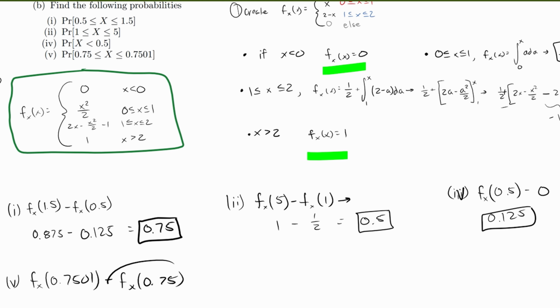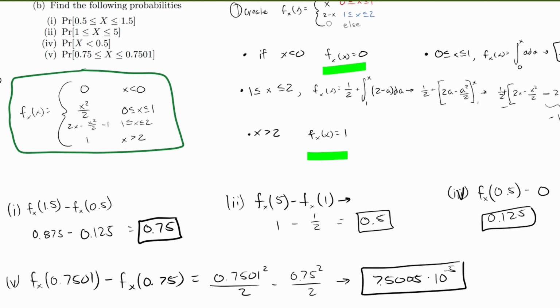So both of these are going to fall into the category of this right here. So we can set this equal to 0.7501 squared over 2 minus 0.75 squared over 2. And this is going to give us approximately 7.5005 times 10 to the negative 5.